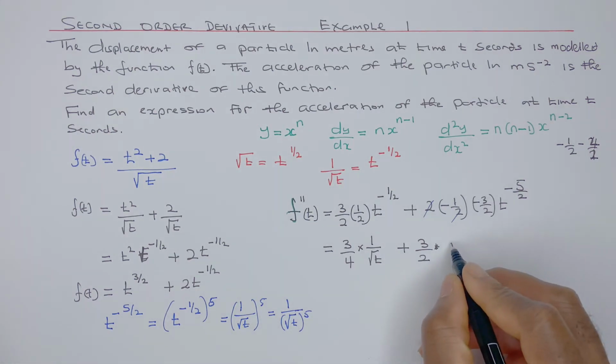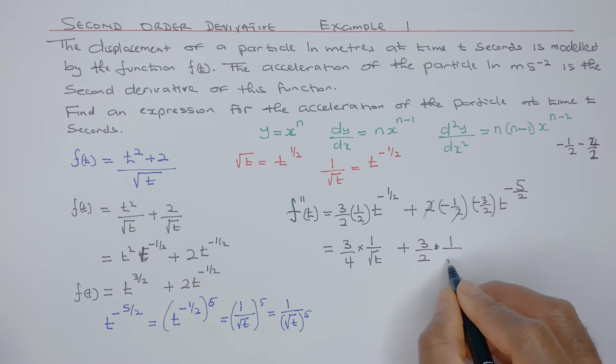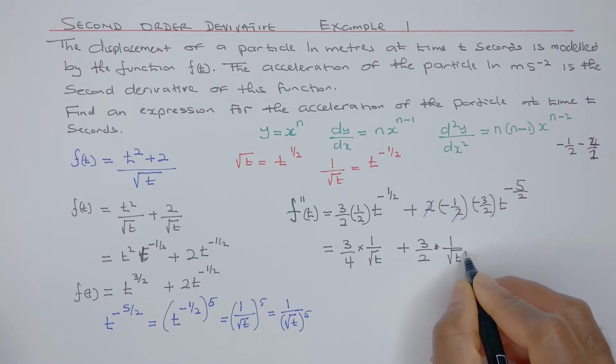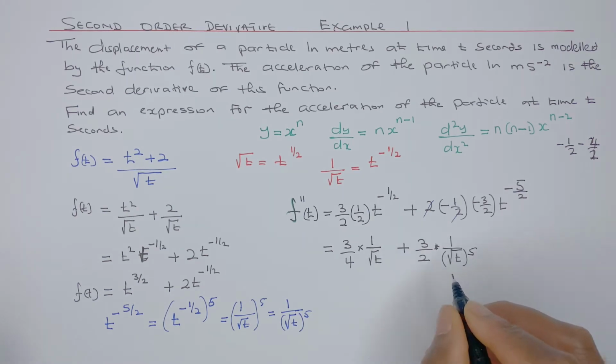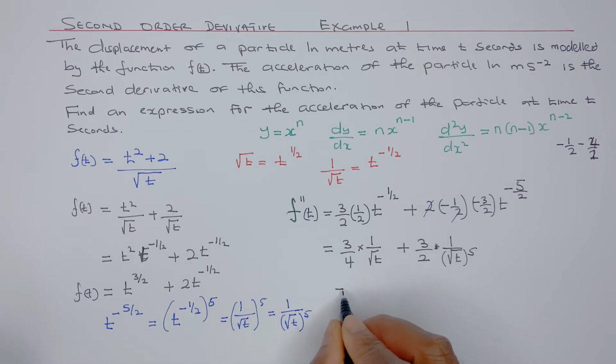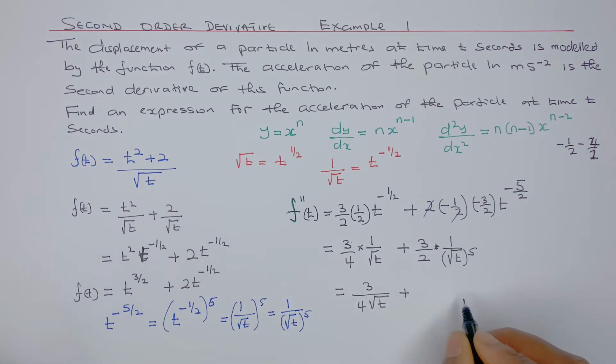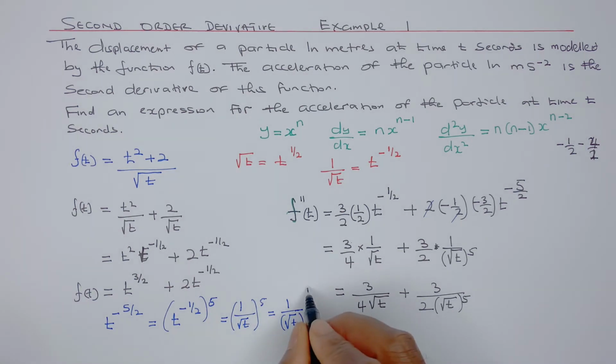So this will be 1 over root of t all to the power 5. To continue to simplify this, that's 3 times 1, so that would be 3 over 4 root of t, plus 3 over 2 root of t all to the power 5 here. And that's the second derivative here.